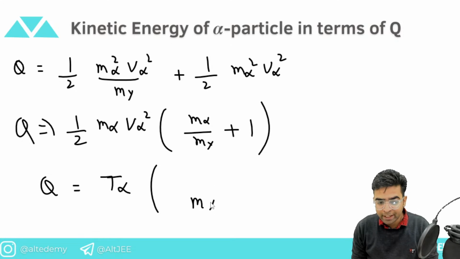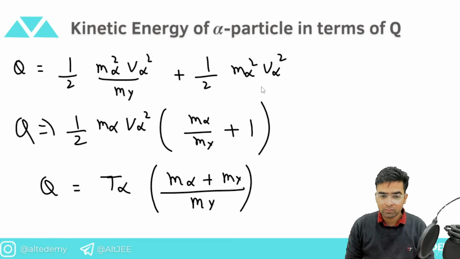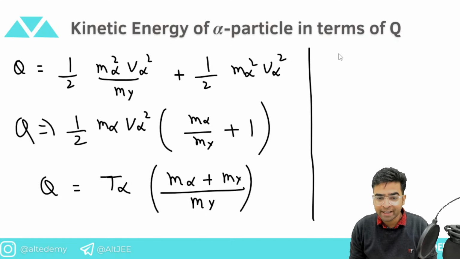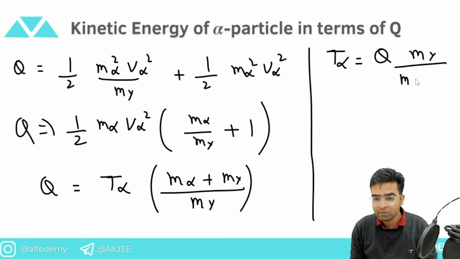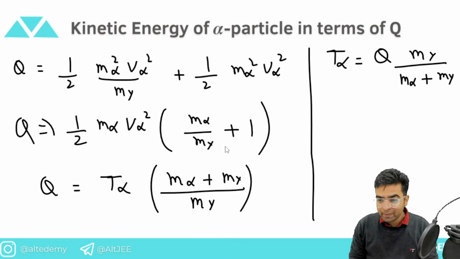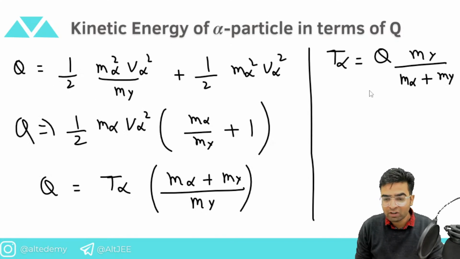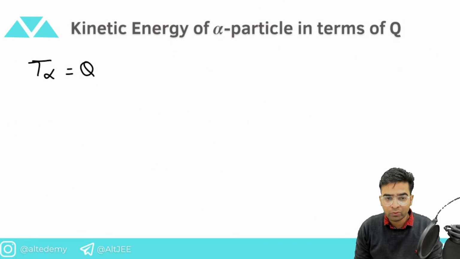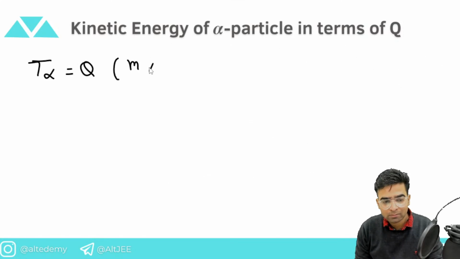If we take the m_y, this will be m_alpha plus m_y. So T_alpha, the kinetic energy, will be Q times m_y upon m_alpha plus m_y.